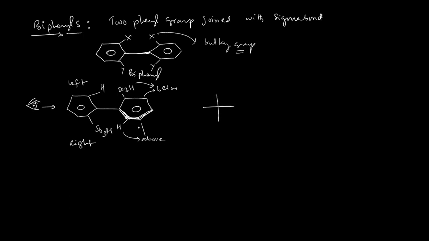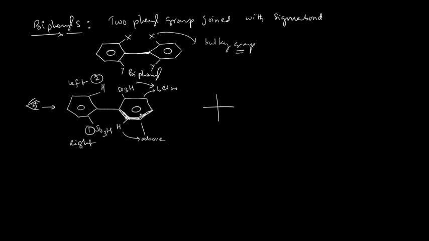Horizontal, vertical line. Which groups are now in horizontal? Near to the observer. Hydrogen and SO3H. Left side hydrogen, right side SO3H. Give priority to this group first. Sulfur has the highest atomic number, gets first priority. Hydrogen gets second priority.